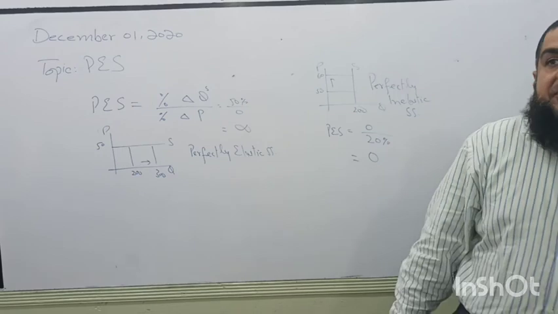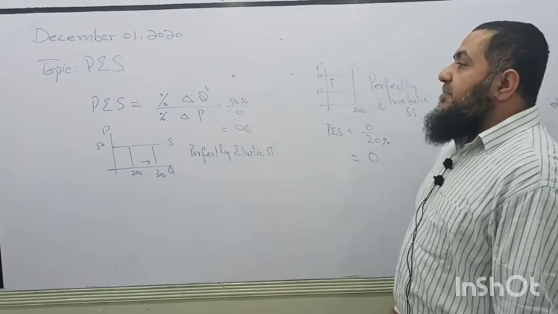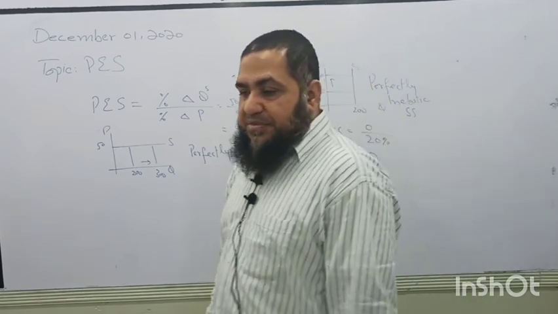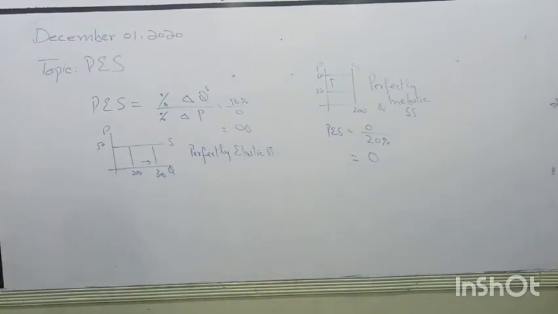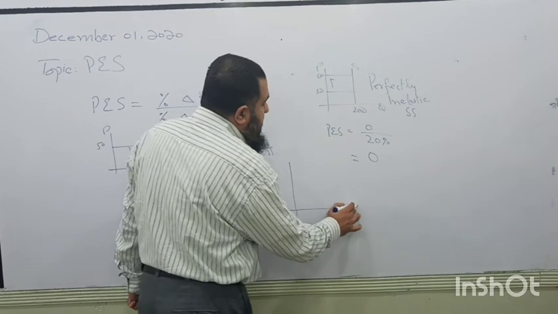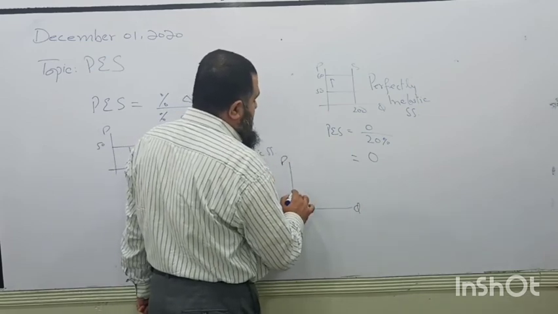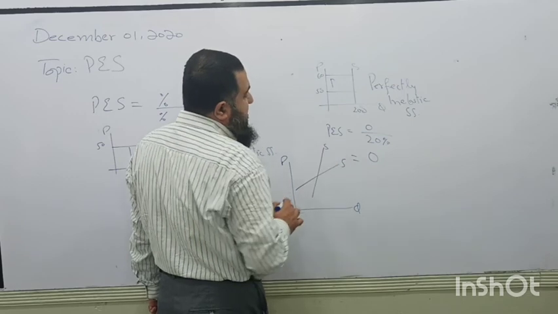Or during the long run, when all the factors of production become variable, the firms can produce more output than in the short run, so supply can become elastic. So basically it depends how producers respond, whether their supply is elastic or inelastic.